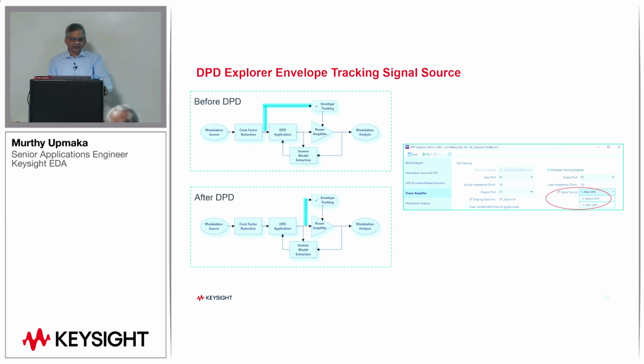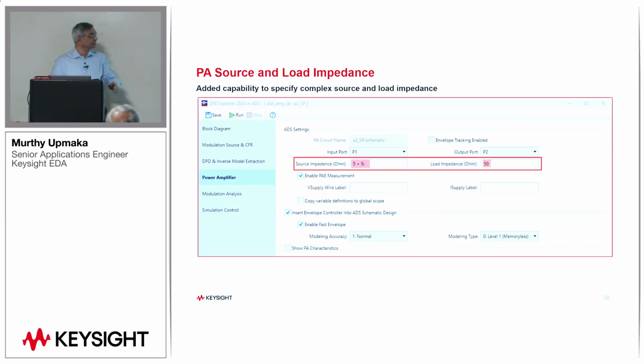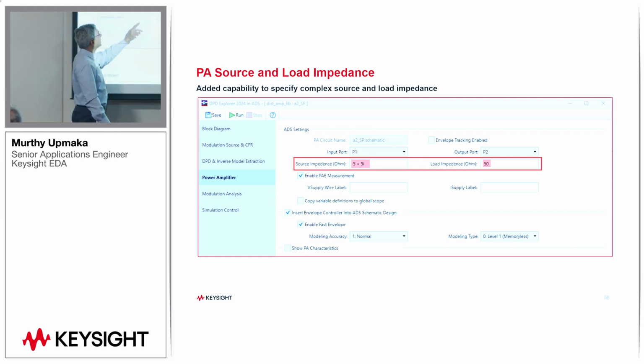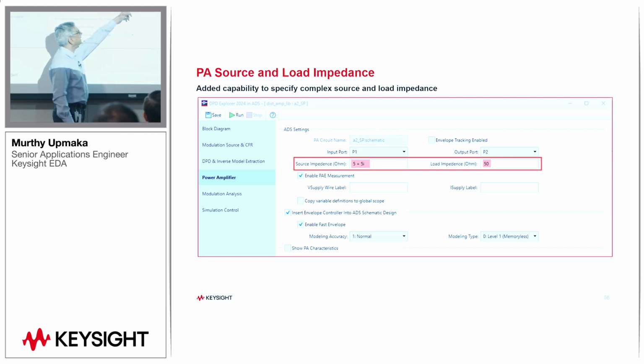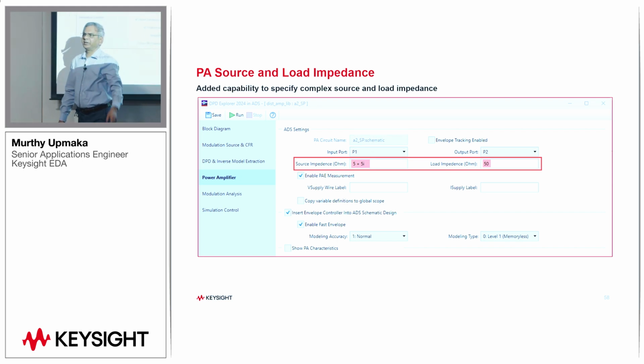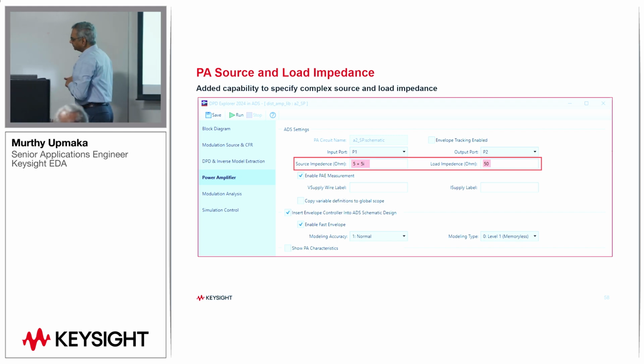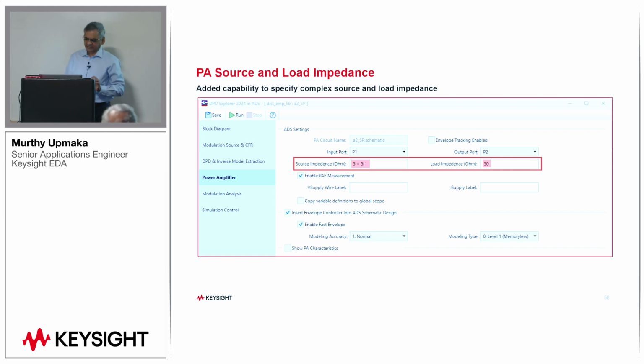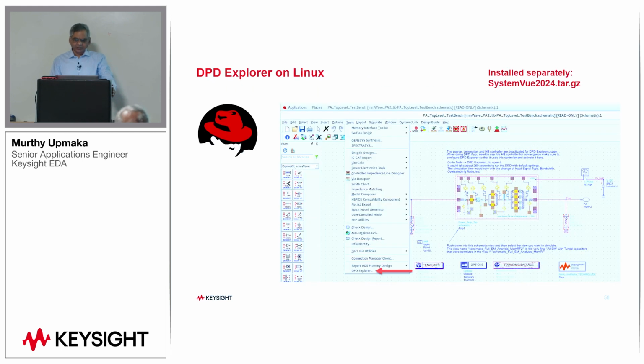So again, I'm not going to go through this, but one of the things that is very important that has been introduced is the ability to specify the complex impedance into the process, and you will be able to run the simulation. So here is, it's no brainer for anybody.